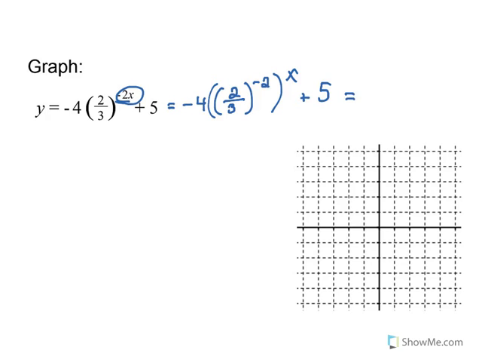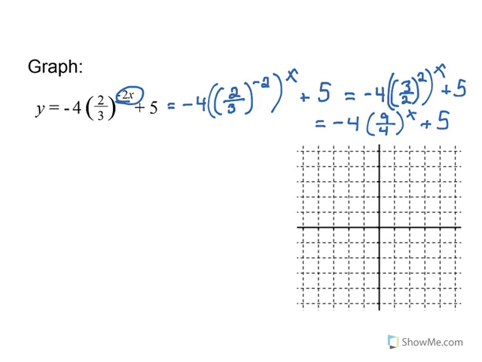That is the same as the reciprocal of 2/3, which is 3/2, raised to the positive 2 power, and then raise this whole thing to the x power, plus 5. That comes out to negative 4 times 3 squared is 9, 2 squared is 4, to the x power, plus 5.